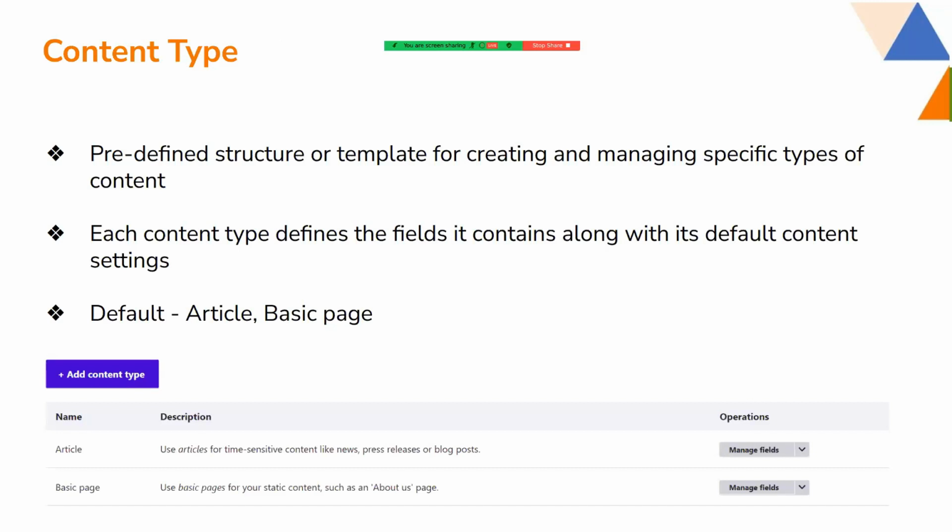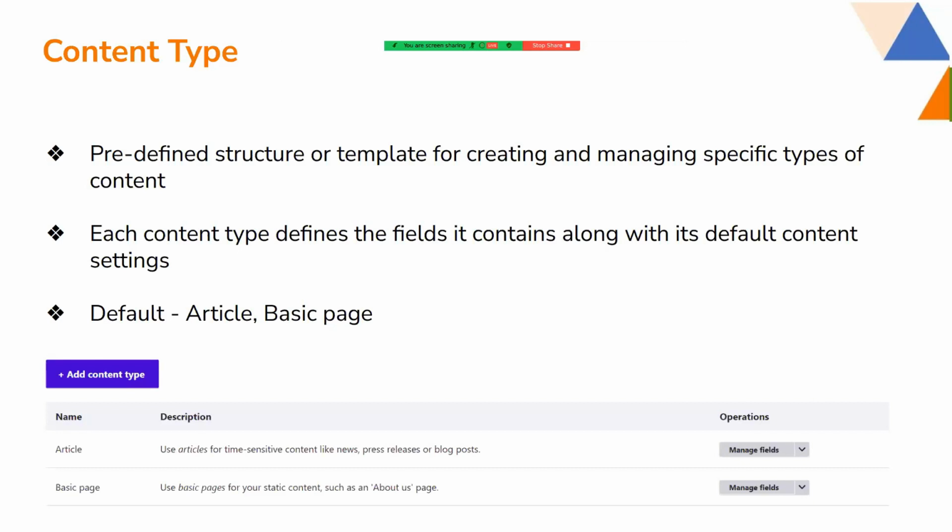So let's say we want to create a blog, and the blog has a title, then there is body, then there is an image, and a short summary of something, then there is author information and all. Through content type we can create a form for that type of blog and use it for every blog we have to create like that.